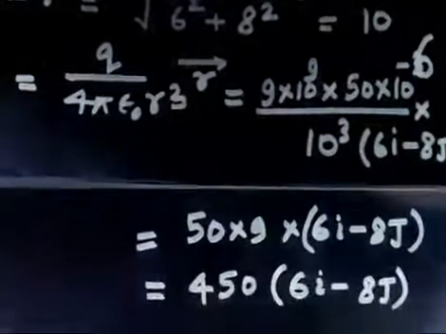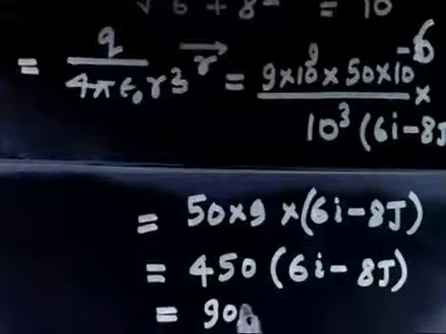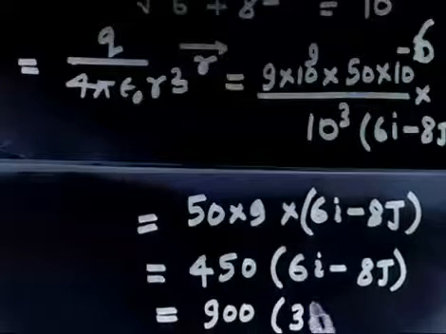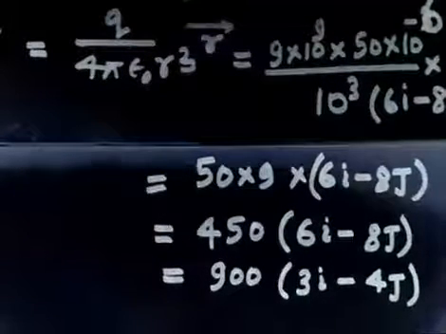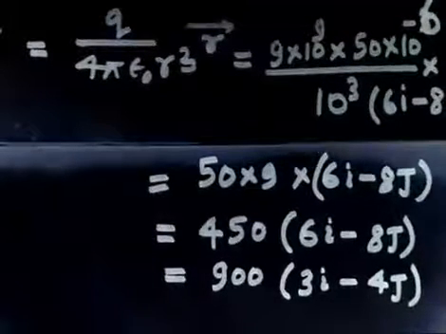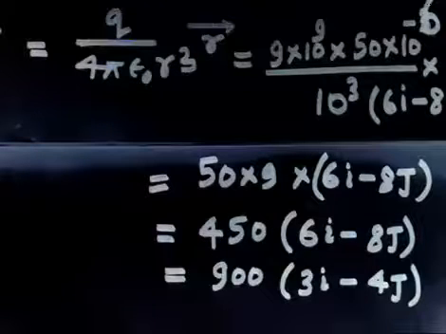Are you getting it or not? If you want, you can take two common, so 900 into 3i minus 4j. This gives the direction as well as the magnitude of the electric field. So in vector form, the electric field is given by this expression.